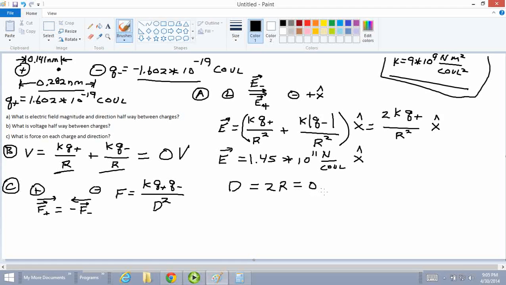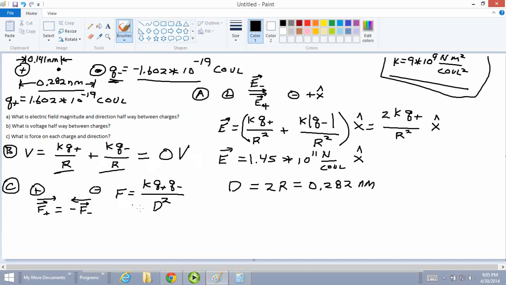That's 0.282 nanometers. I intentionally asked the question this way to get you to recognize I can't just take electric field and multiply it by charge, because you want the electric field at this point multiplied by the charge at this point.